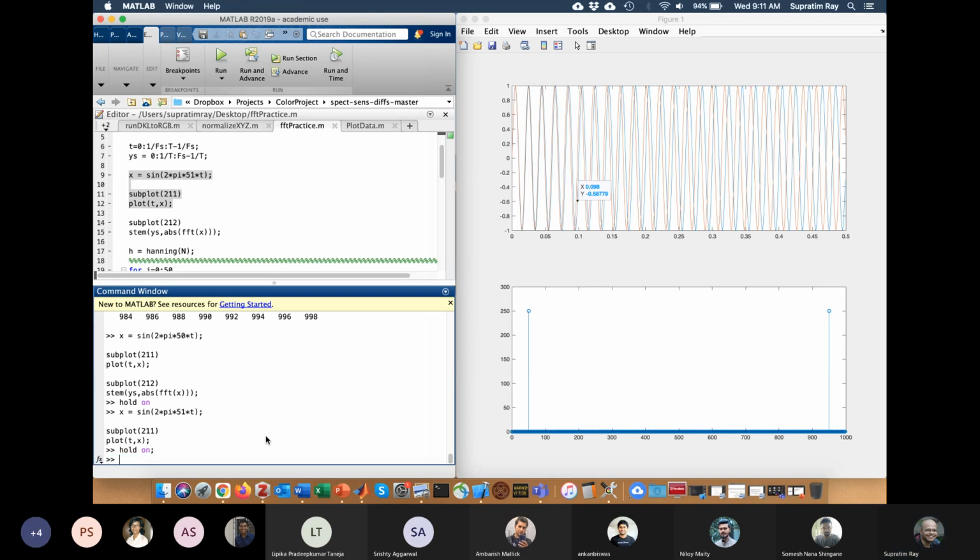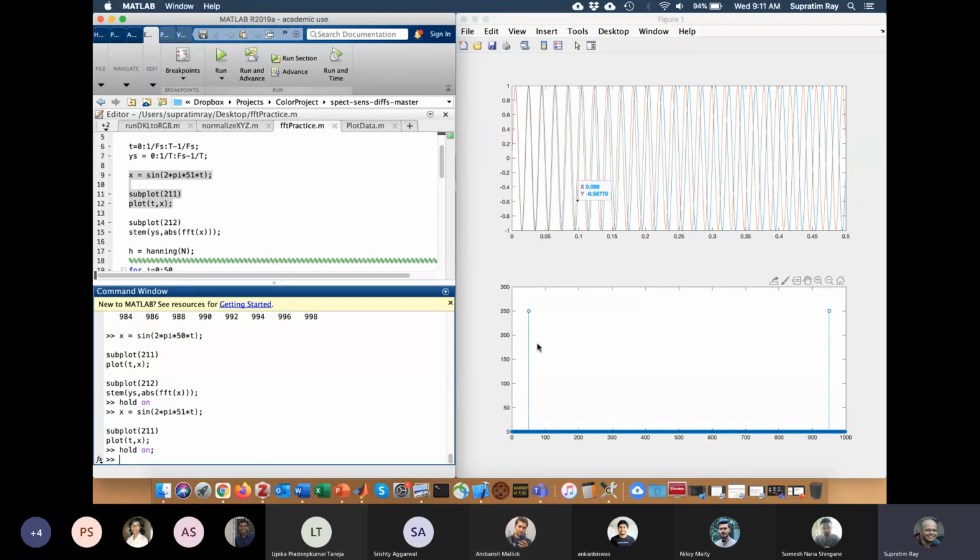Anyone? Frequency. Yeah, so you would think that the peak should just shift to 51.